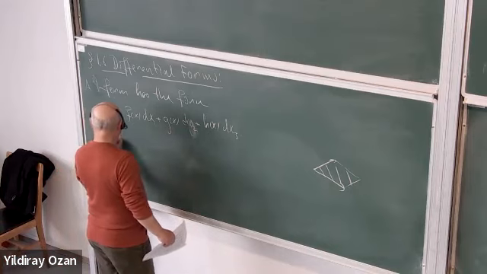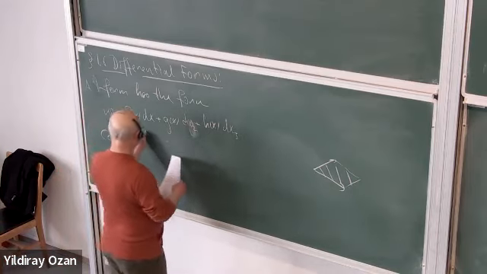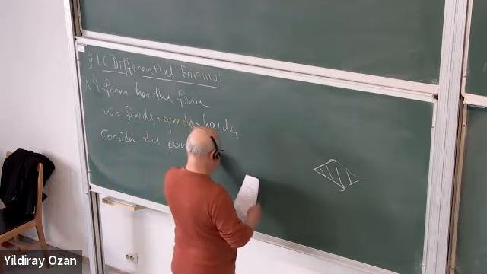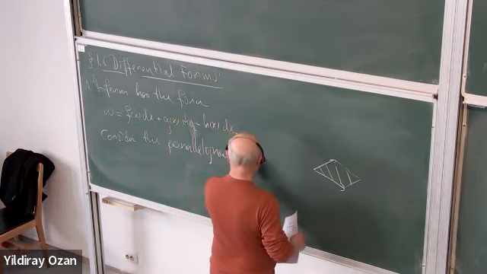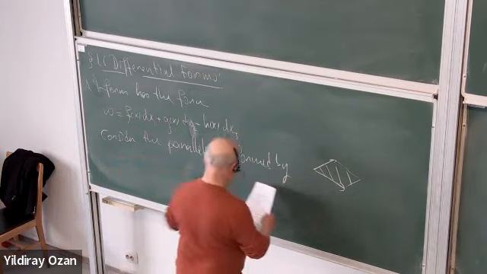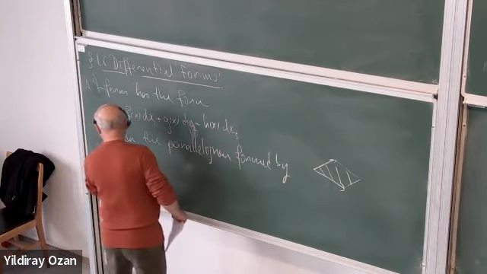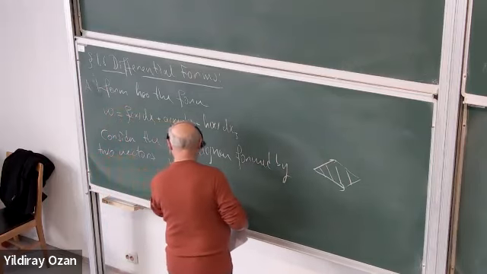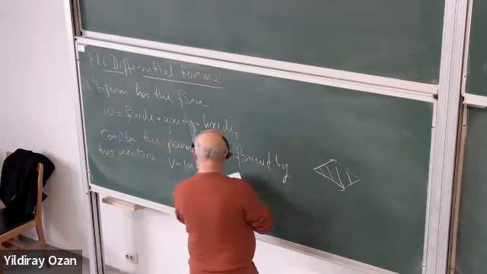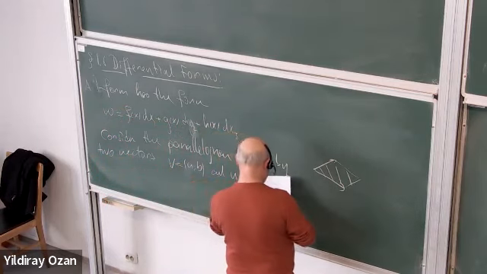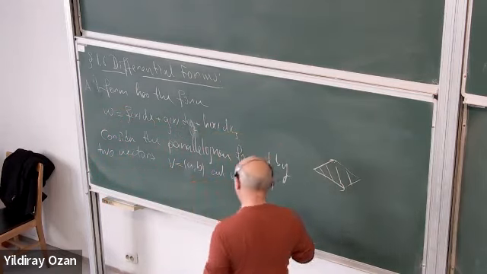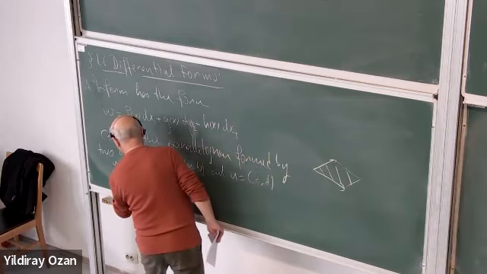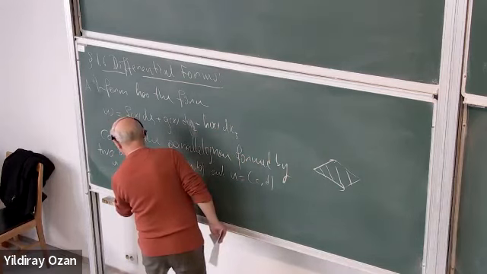Consider the parallelogram formed by two vectors, let's say v = (A, B) and u = (C, D), u and v.